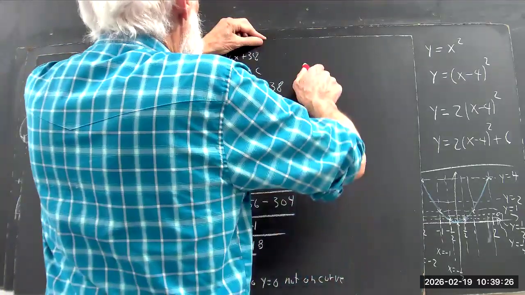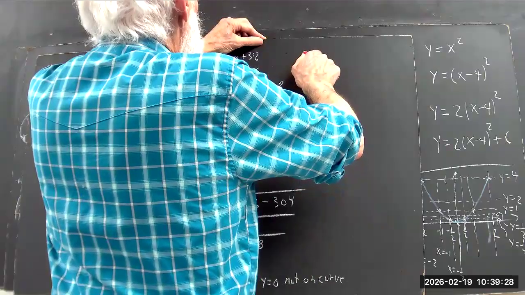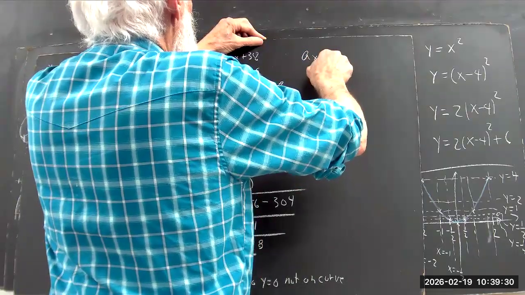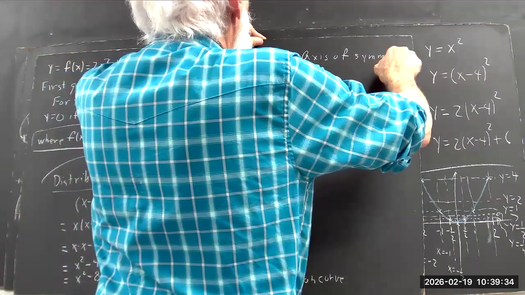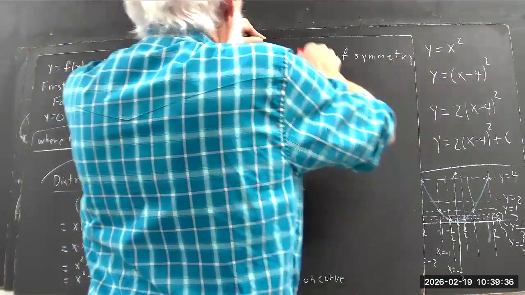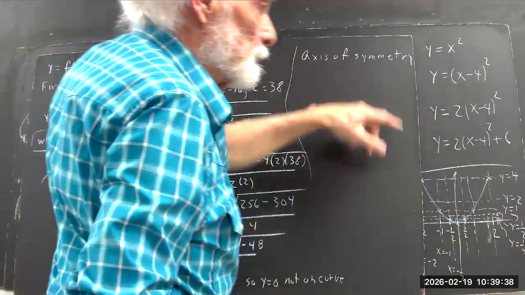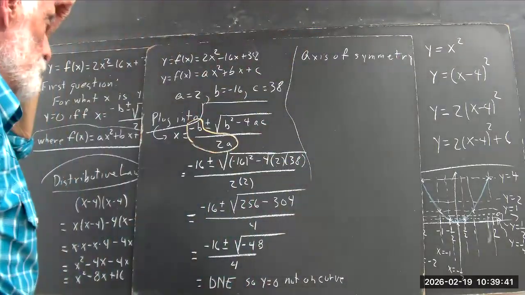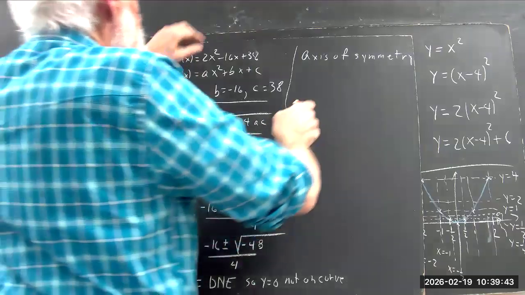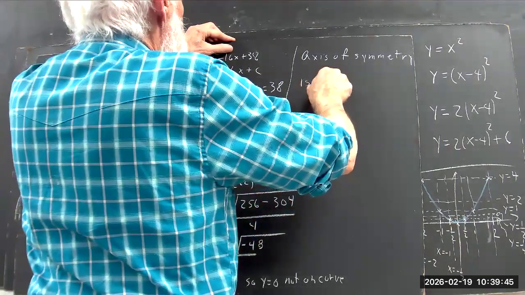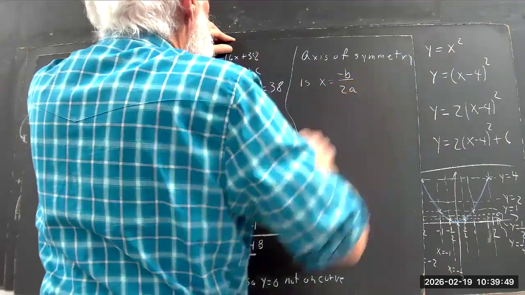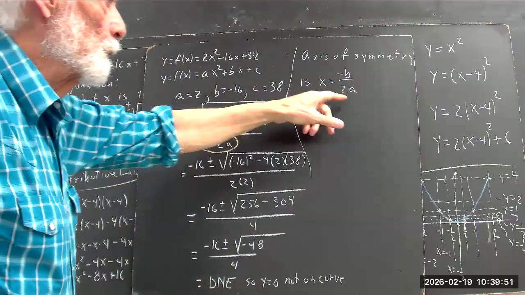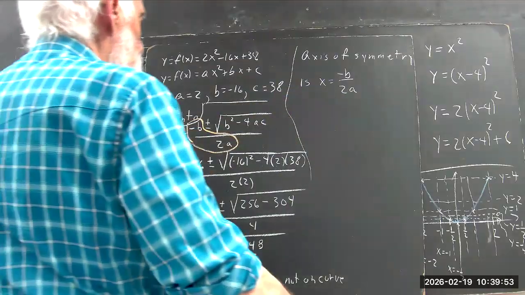So, okay, this function has an axis of symmetry. It's x equals negative b over 2a.